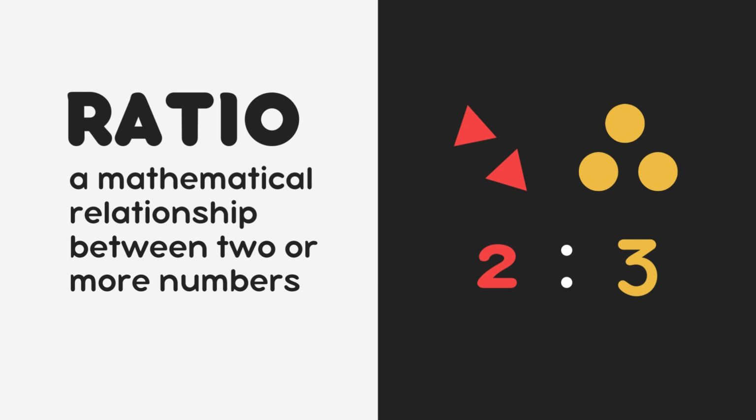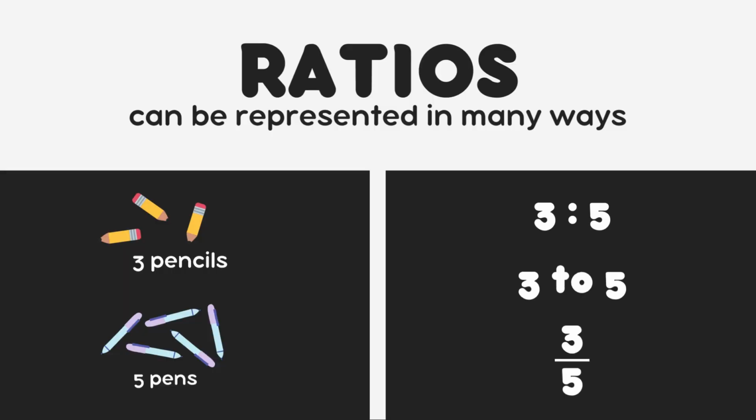There are two triangles and three circles. The ratio between the number of triangles and the number of circles is 2 ratio 3. We use two dots to show a ratio. Let's move to the next slide.